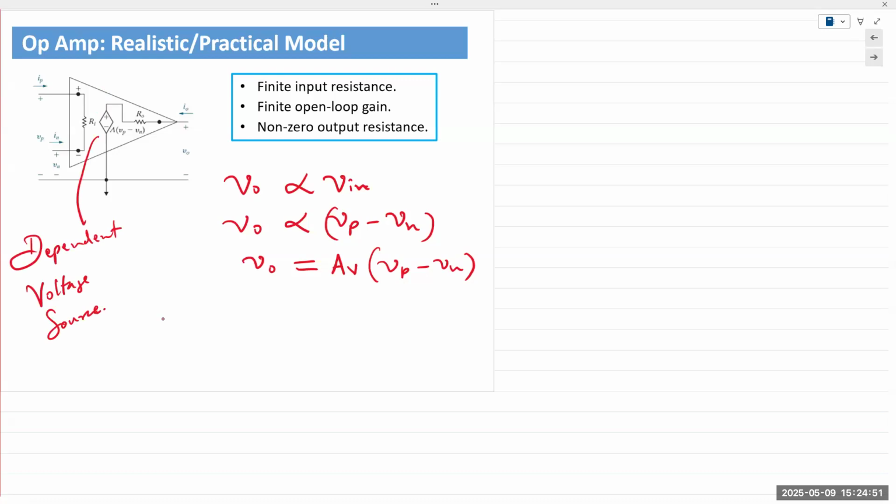Output is a voltage that is dependent on the input. The open loop gain is also finite, meaning it's not infinite. All right, let's take a pause while you write it down.